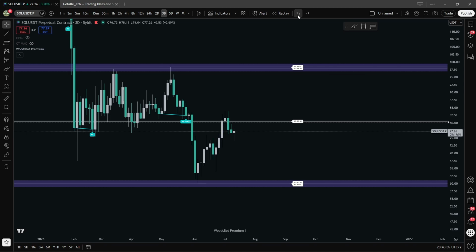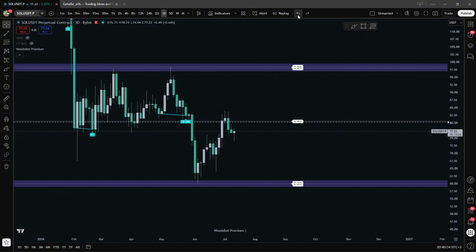The same goes for Fibonacci, which is another confluence that I use. And the same thing goes for the WoodsBot Premium indicator, which I also always use for my trading strategy. I use the confluence zones from an indicator because I don't want to draw my levels myself, because I'm subjective as a human, right? And I make mistakes.